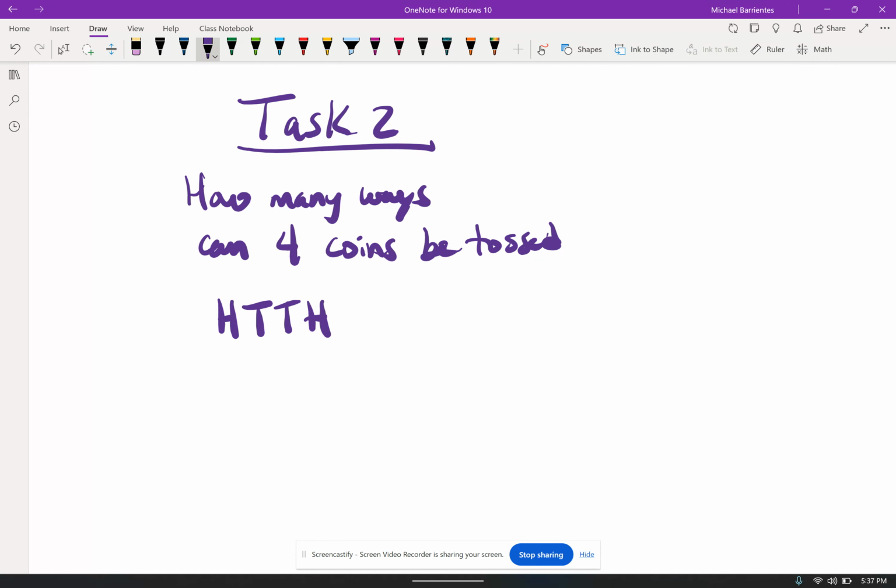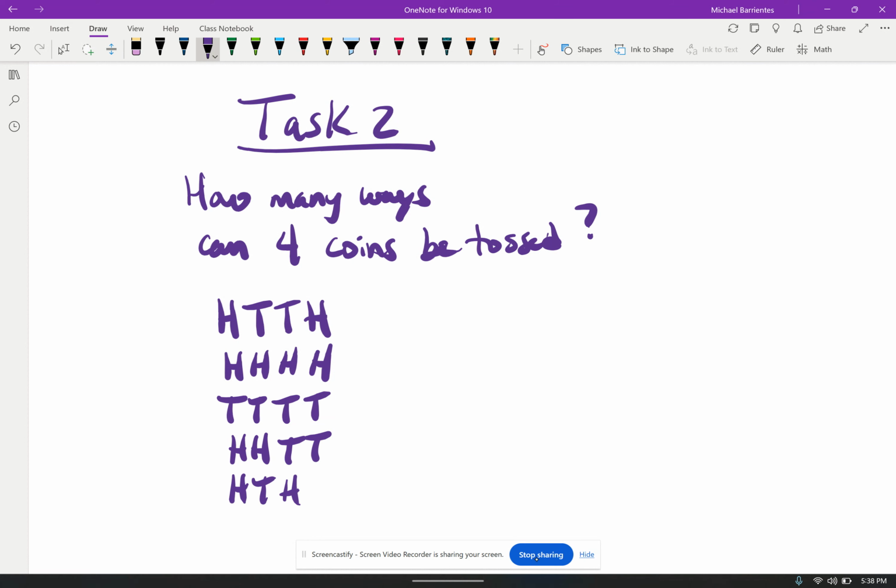So this is one way we can get 4 coins to be tossed. Or I could get very lucky and have them all be heads. Or I could be lucky and have them all be tails. Or I could have 2 heads at the beginning, but then tails at the end. Do you see how many different combinations we have? It turns out there are a total of 16 different ways.